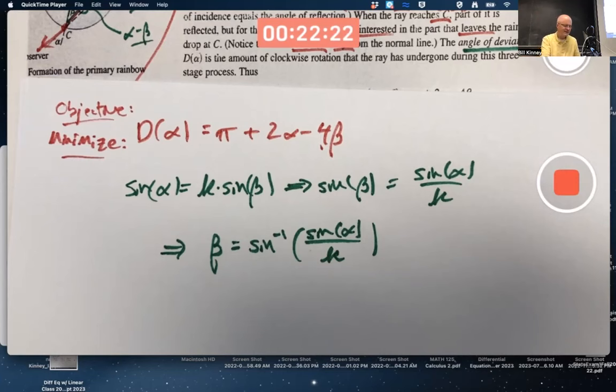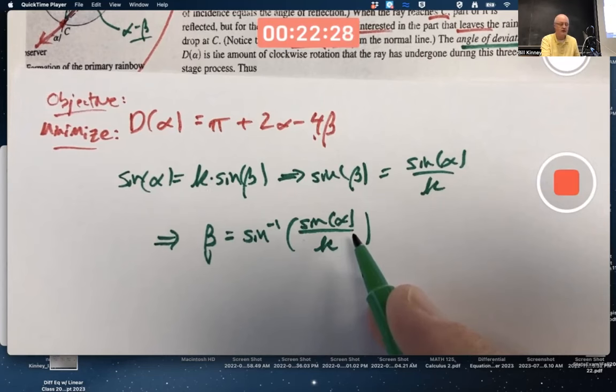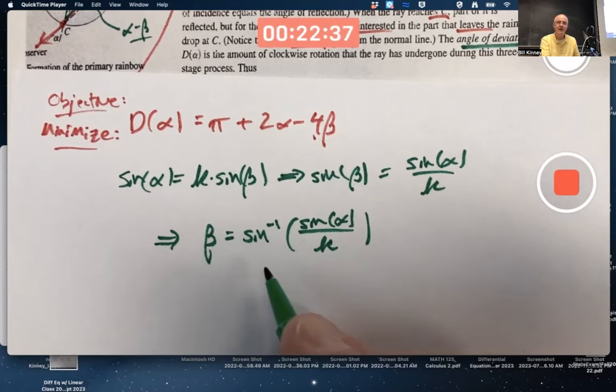If alpha is between 0 and 90 degrees, then sine of that will be positive. K is positive. We're plugging a positive number in here, evidently less than 1, into the inverse sine function. We're going to get an angle out between 0 and pi over 2 radians, 0 and 90 degrees.